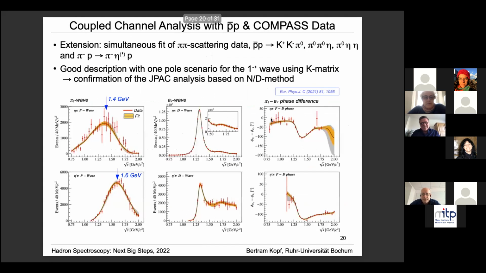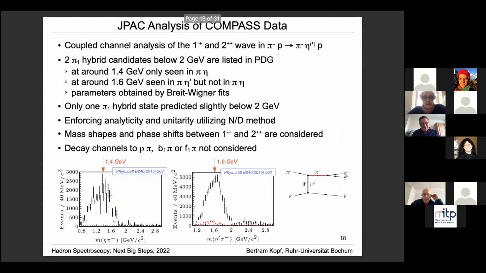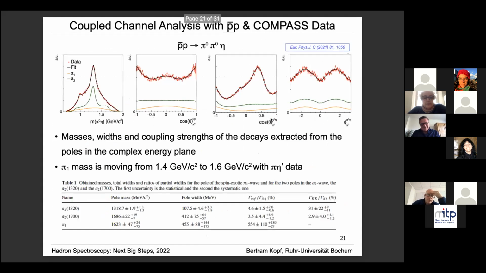Yeah. So at least here for this analysis, what we did here for the antiproton proton data, we have really used a complete phase space. So all information, so here, as you can see, we have also fitted the decay angular distributions. So in principle, this is a fit of all dimensions.